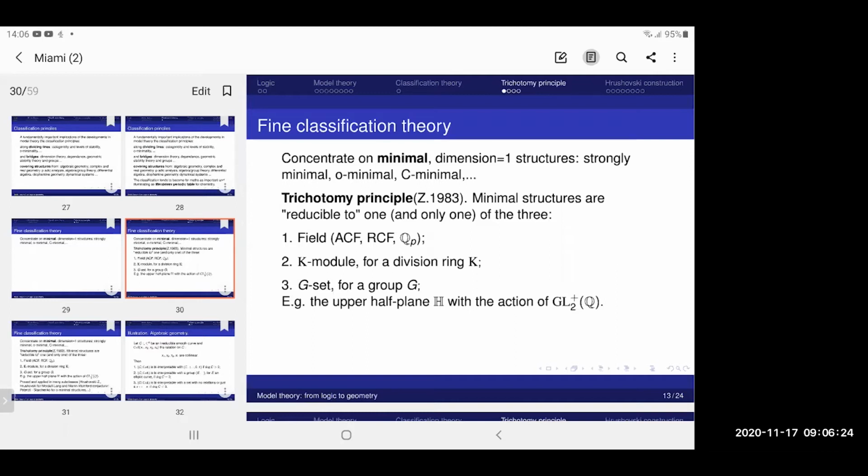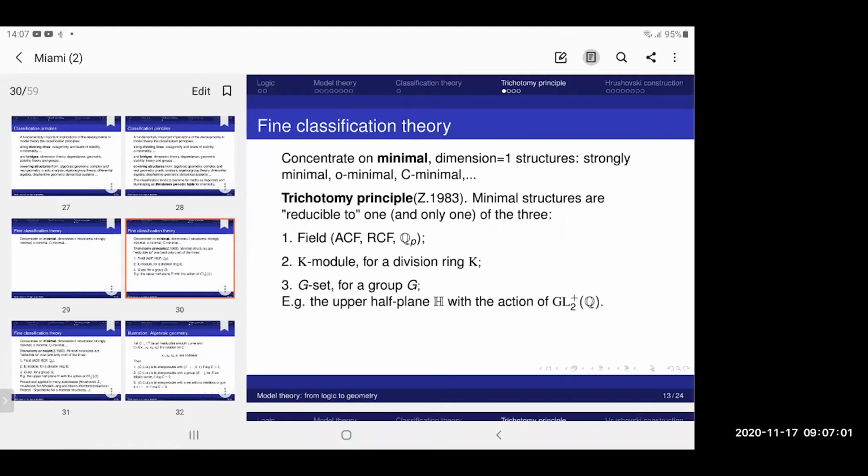You see the slide. It says that minimal structures come in three non-intersecting classes, and in each of the classes we use a specific procedure or notion of what reducible means.